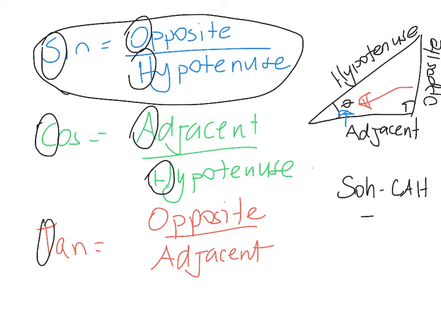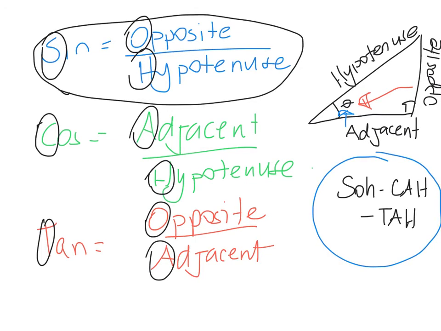And the last one, T-O-A. So all together, they spell out SOH CAH TOA. That could be an easier way to remember what these are. In our next lesson we will deal with how to calculate cos and tan.